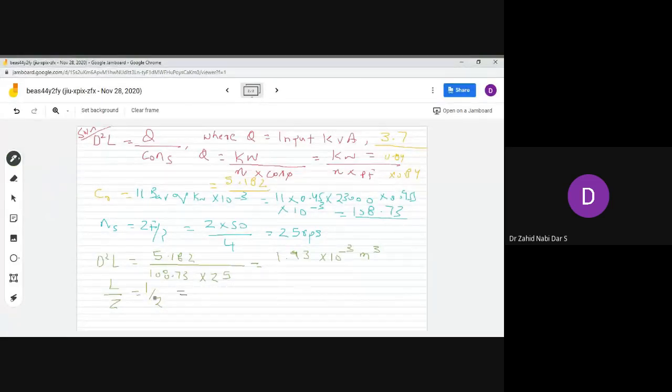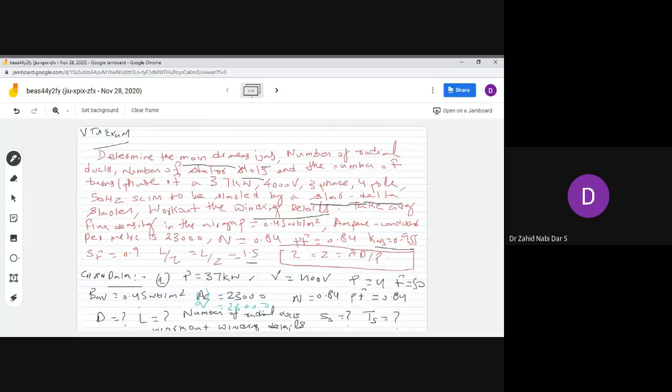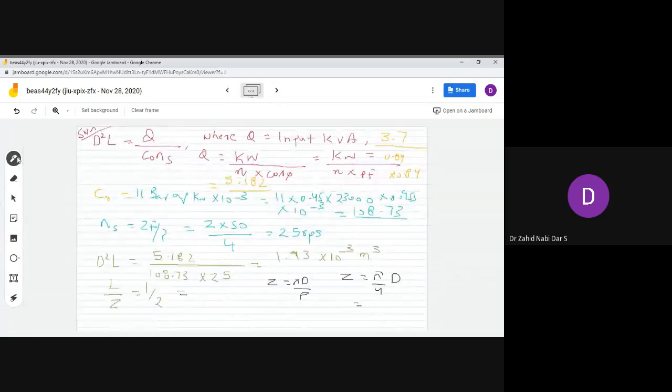L by Z is 1 by 2 would mean basically Z is pi d by p. So that means Z is equal to pi divided by 4 into d. So L by Z ratio here is not 1 by 2. You just carefully see it's 1.5. In yesterday's problem it was 1 by 2. So here it is 1.5.